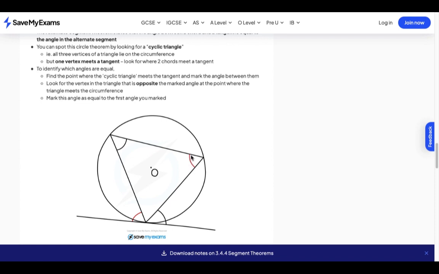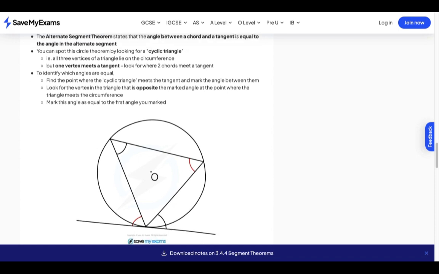So this one will be equivalent to this exterior angle. This exterior angle will also be equivalent to the far angle in the interior. So this is called the alternate segment angle.